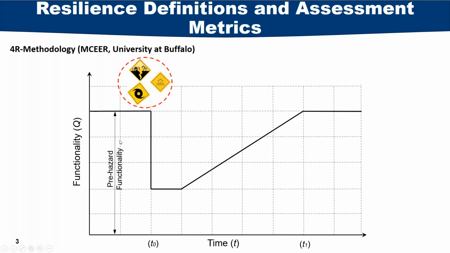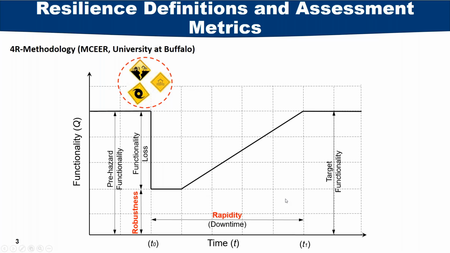Due to those events, you have a drop in functionality. So we have the pre-hazard functionality, the functionality loss, and the residual functionality called robustness. The objective is to restore either 100% or a percentage of the pre-hazard functionality. In this case, we mentioned 100% recovery.